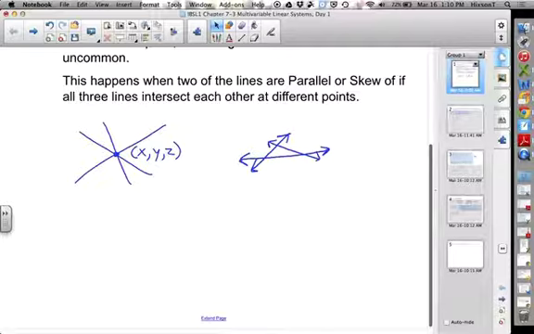However, this last thing here, all three lines intersect each other at different points, is going to be something like this. Okay? These two intersect up here, these two intersect over here, these two intersect over here, but they don't all three intersect at one point. So there's no solution to the entire system.